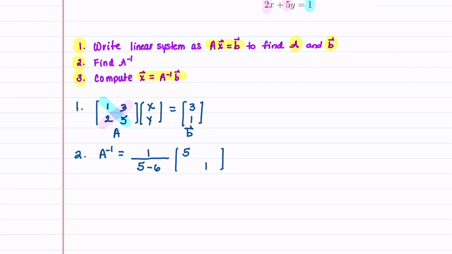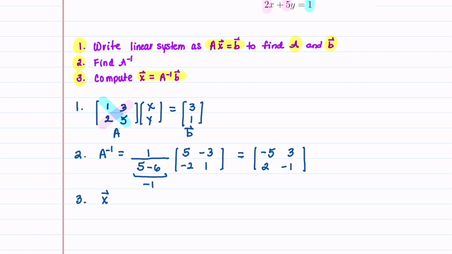And the numbers in the off diagonal get a negative. They stay in the same spot, but they get a negative. 1 over 5 minus 6 is just negative 1. So every entry now in our matrix is going to get multiplied by a negative. So we have a minus 5, 3, and then we have a 2 and a minus 1. And there's A inverse.